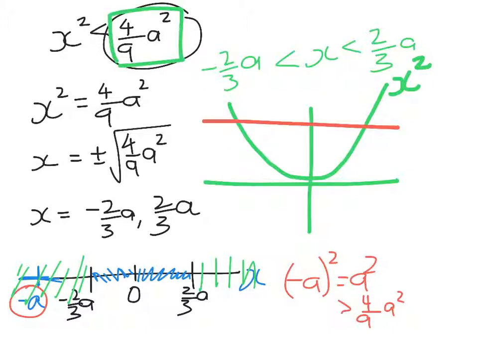So we can mark that in on here. So here we've got 4/9 a squared. And I think looking at it like that, it's pretty clear that the x value here is going to be 2/3 a. And by the symmetry of the graph, you can see that it's negative 2/3 a on here as well.